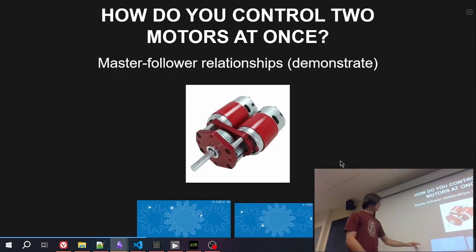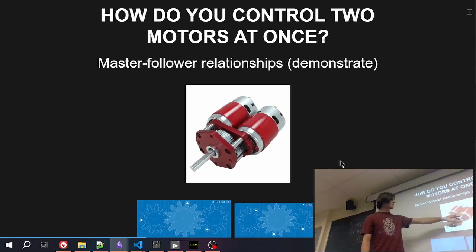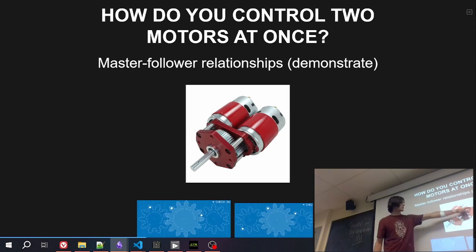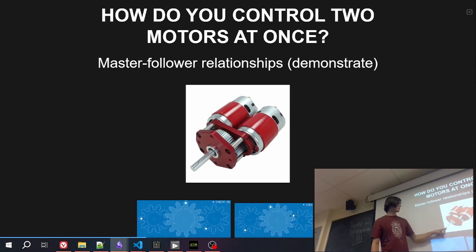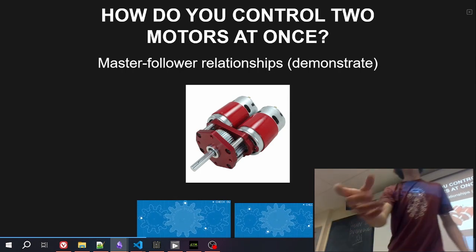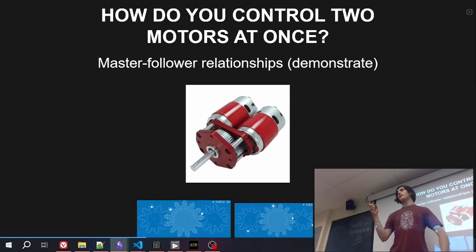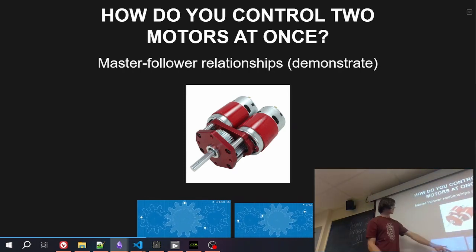You can see this example where there's a shaft coming out on both sides, and then there's a gear in the middle, and there's 1 shaft that comes out. That's what we have here: the two motors control one side, and they're mechanically linked with gears.